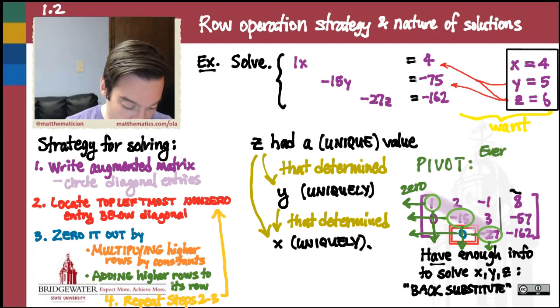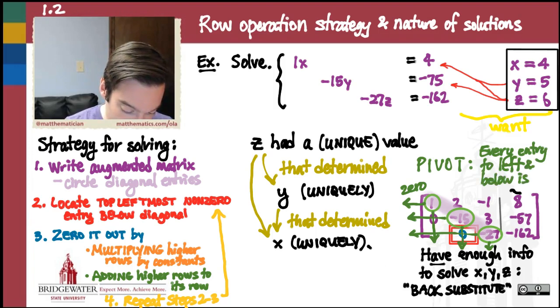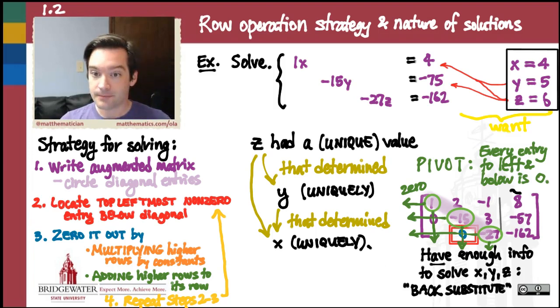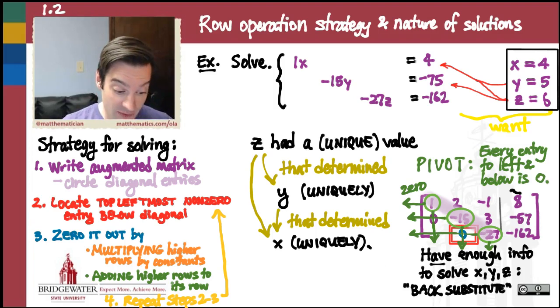And pivot is maybe the most important concept in the first third of linear algebra. Every entry to the left and below is 0. But the pivot entries themselves, the pivot positions themselves, are non-zero.